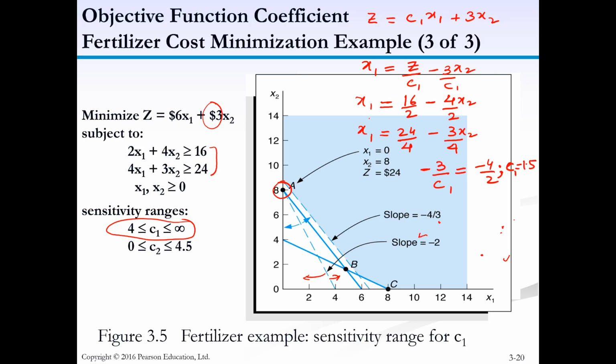Then we make the change: −3/C1, we equate this to −3/4.